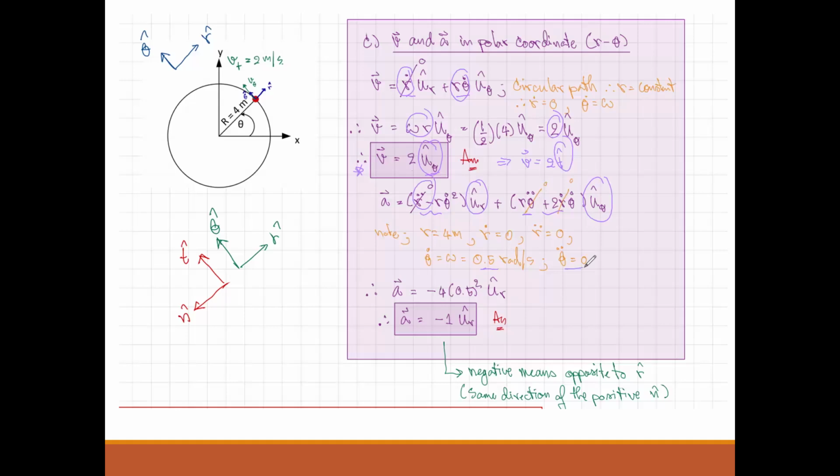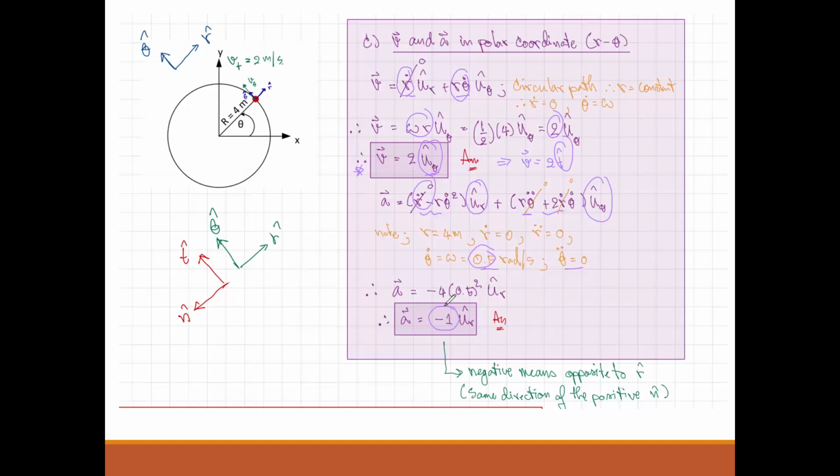For the last term, r dot is 0 because r is constant, so this term becomes 0. In the same manner, we have the acceleration with just one component in the r direction, and if you consider the magnitude, it is equal to -1.